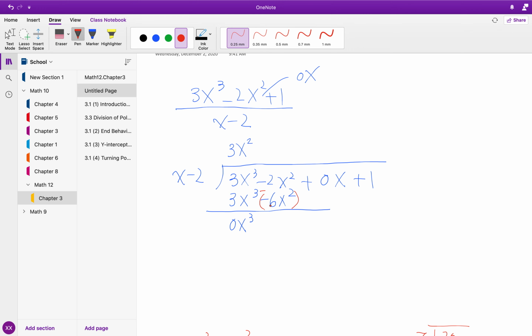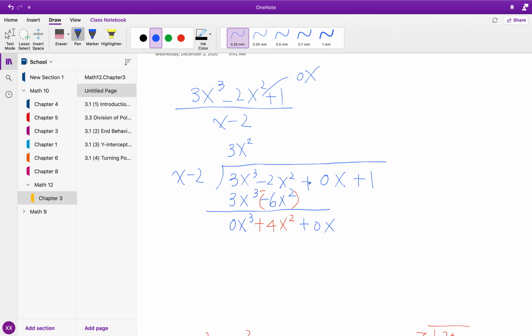So in this case, this becomes positive. Now positive 6 and negative 2, then that becomes positive 4. This is very, very easy to make mistakes here. Okay, so now positive 4x squared. And then next, same as the long division before, pull this one down. So then that becomes plus 0x.